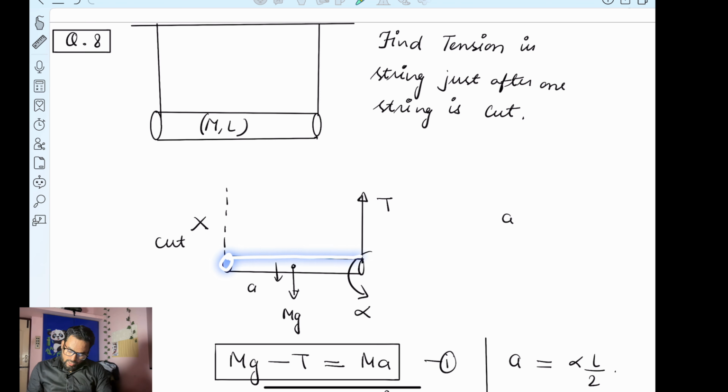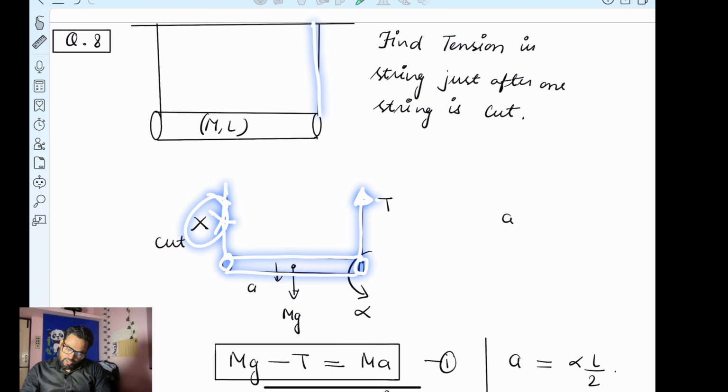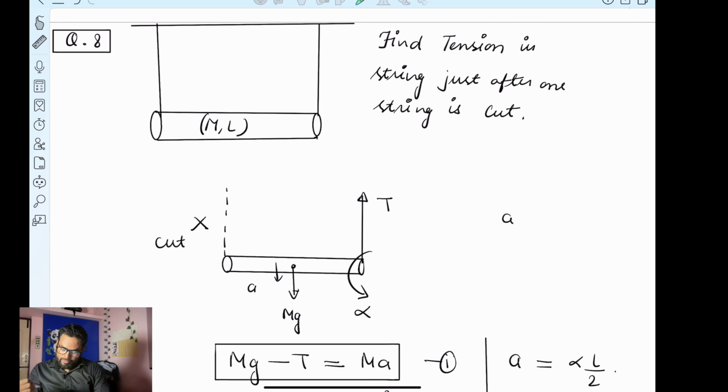Okay. So this is the rod. This side is cut, so tension becomes 0. This side is still attached with the string, so tension would be T. Downward mg, and about this end point it would rotate, so let's say the angular acceleration of rotation is alpha, and the center at this exact point would have a downward acceleration a.